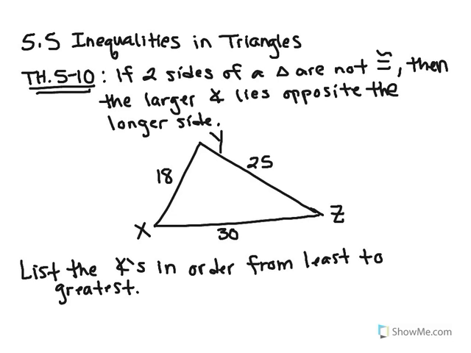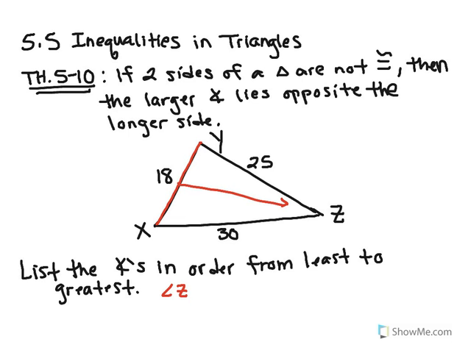We're going to list the angles in order from least to greatest just by knowing the length of the sides. The side with the smallest length, this guy with 18, segment XY, is the smallest side. Therefore, the angle opposite of it, which is right here, angle Z, is going to be the smallest angle. So I'm going to say angle Z is going to be first.